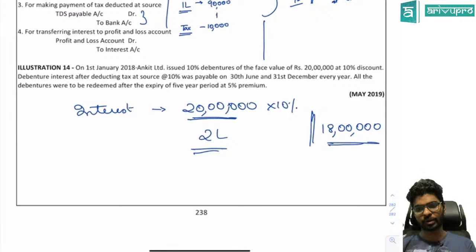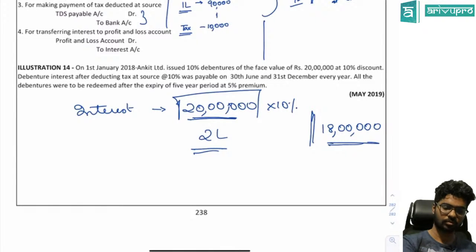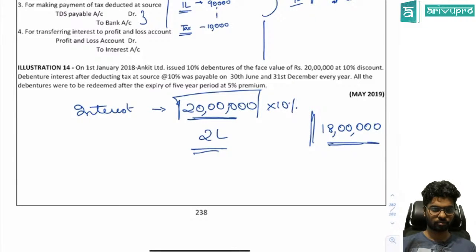Whether you are issuing it at par, discount, or premium, interest will always be paid only on the face value, that is par. Are you guys clear? So the interest is going to be 2 lakh.